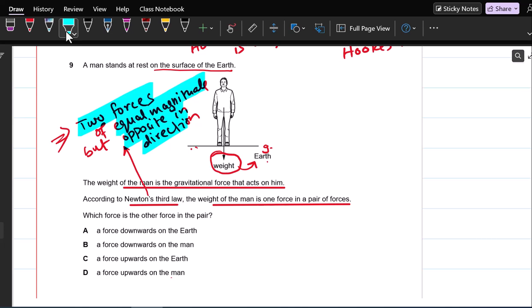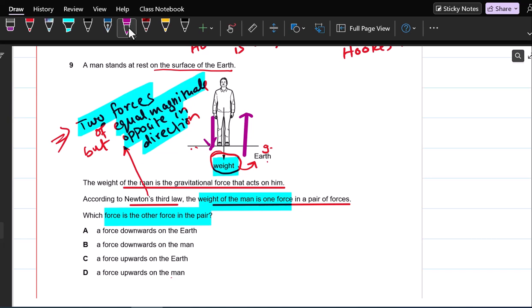So if you see here, the weight of the man is one force, this one. Which force is the other force in the pair? The other force of the pair will be the force which acts in the upward direction, and that will be a force upward on the earth, because this force is acting downwards and the other force is upwards on the earth.